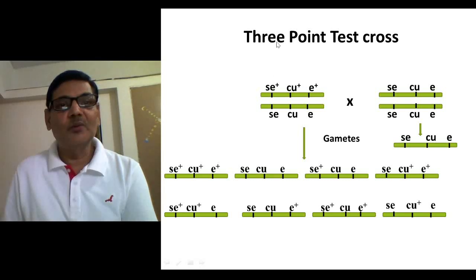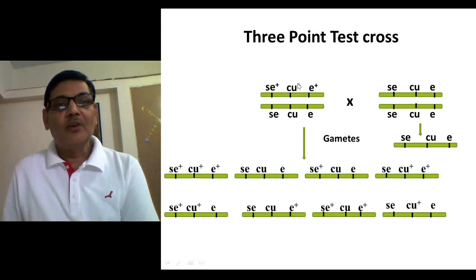And the other situation will be you will have sc, cu and e plus. So these 2 types of gametes will be formed when there is crossing over between cu and e. Now you have seen what would be the result of crossing over if it occurs between sc and cu, and also between cu and e.